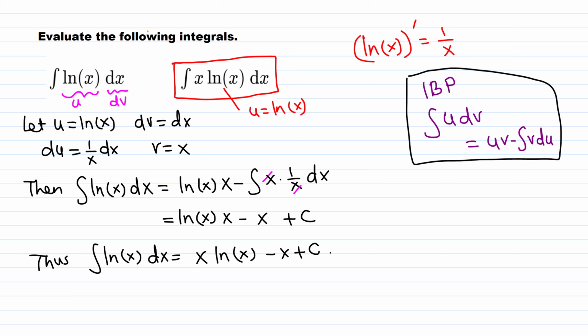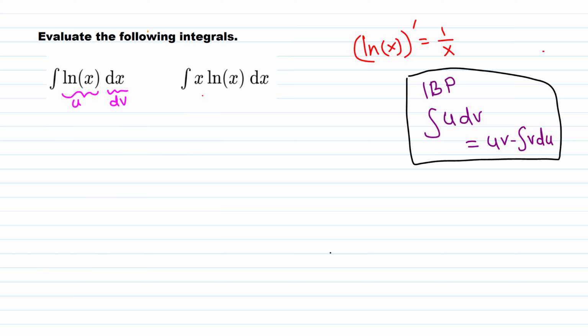So when u substitution does not work, the next option is integration by parts. We're going to use integration by parts for this one as well, but our choice might be different. So let me erase this and make room for this problem. When we have a product of different types of functions, how do we choose u and dv?